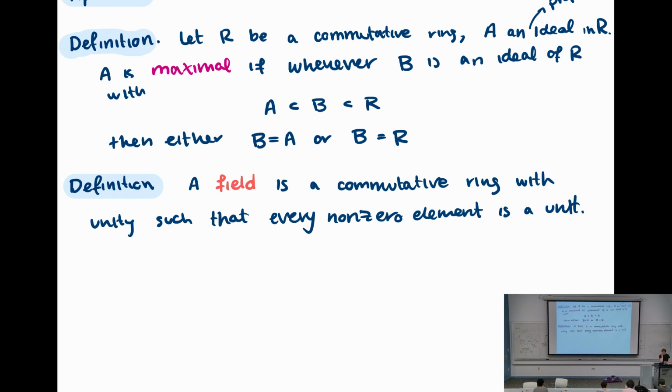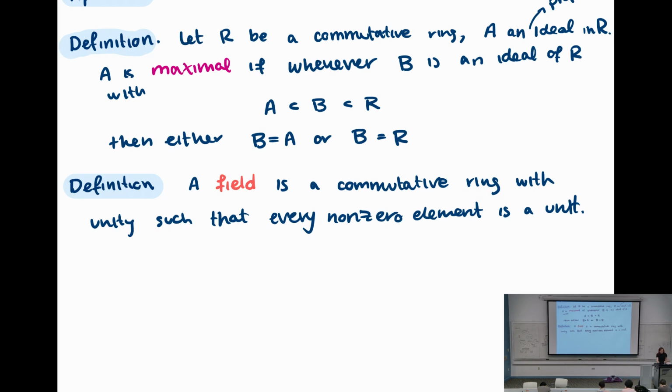Let's unpack this statement. The fact that it's a commutative ring means that we have addition and multiplication operations such that both of those are commutative, and we have a multiplicative identity, and furthermore, every non-zero element has a multiplicative inverse. And then because it's a ring, we also have that with respect to addition, it's a group, and we have the distributivity laws.